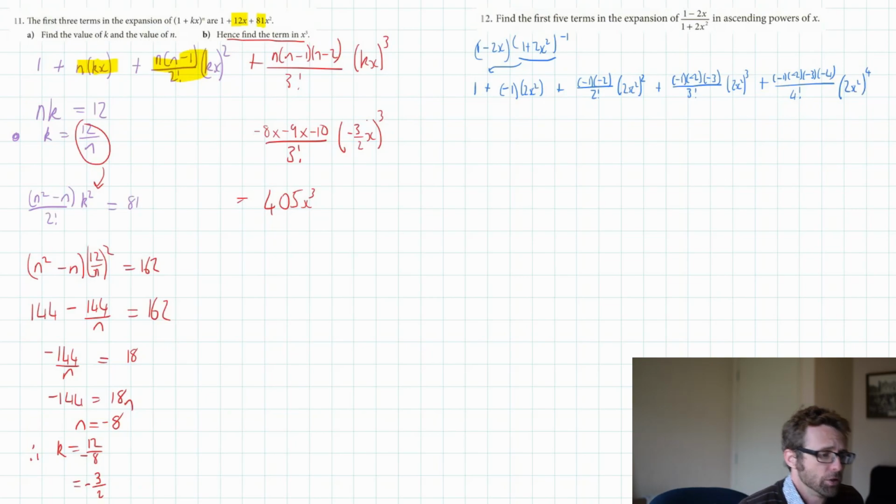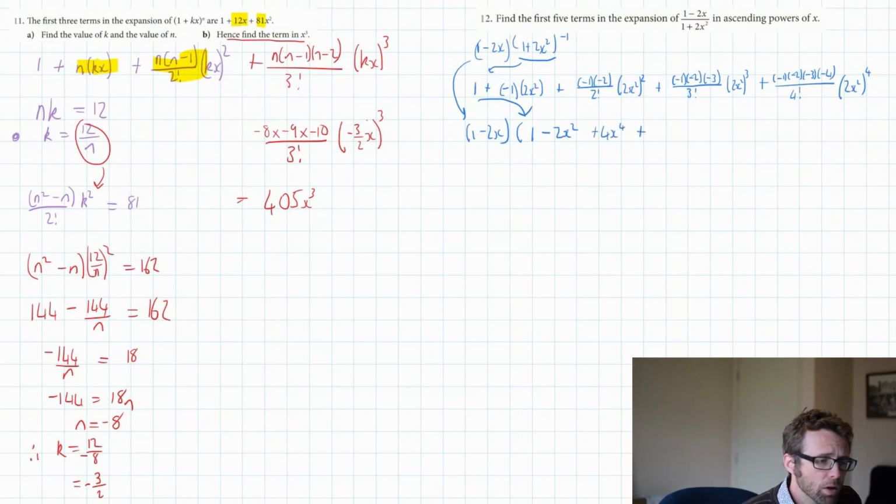Okay, so let's expand this. We're going to have 1 minus 2x, which is our first bracket. I'm just going to pull this down here, and then I'm going to pull and simplify all these down here. So we're going to have a times by 1. The next one's going to be times by minus 2x squared. The next one, now we're getting a bit more tricky here. We've got 2 over 2 factorial, so that's just 1. So the next term will be 4x to the 4.